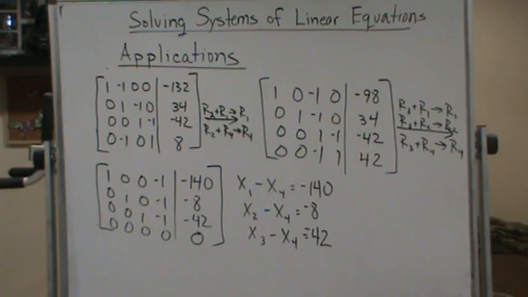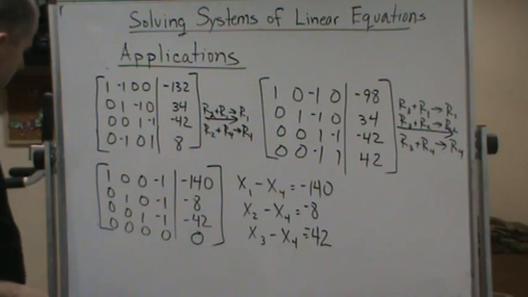We set up the system in row echelon form. That's what they wanted us to do in part B, so we did do that. So this is in reduced row echelon form.